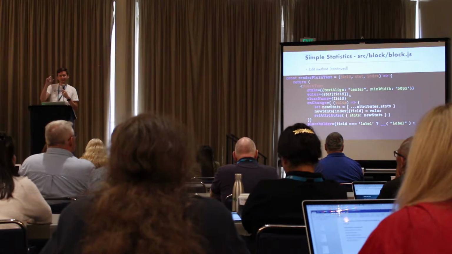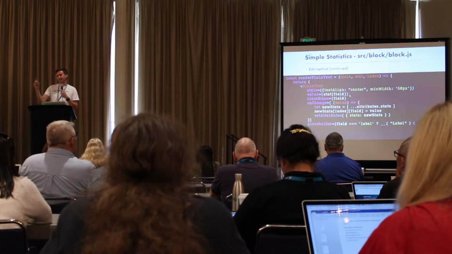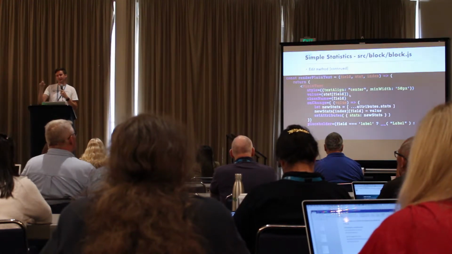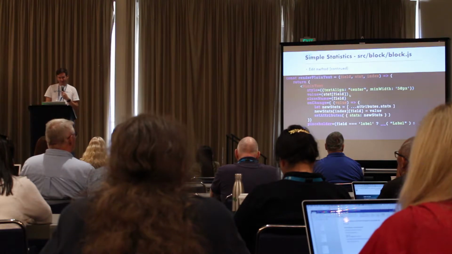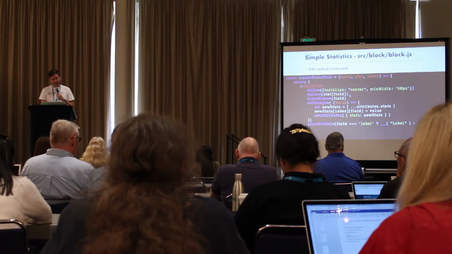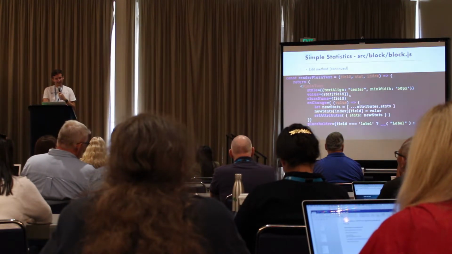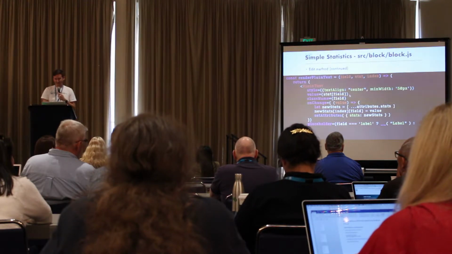We've got a bunch of these. Each instance of our statistics has both a label and a number, so this is a little abstraction to make it easier to work with. On change, we save whatever it is to the attributes, set the attributes.